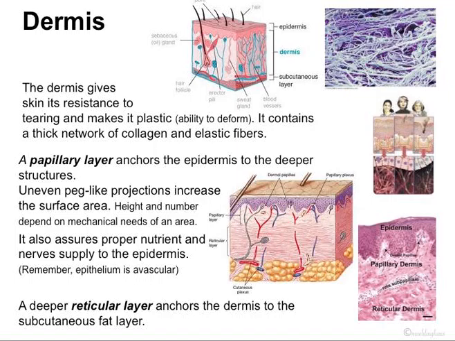The papillary layer is created with little hills, little papillae going up and down. And what that does is increase the surface area. So that way the epidermis is more firmly attached to the underlying layer than if it were just a straight surface. So we have more surface area.